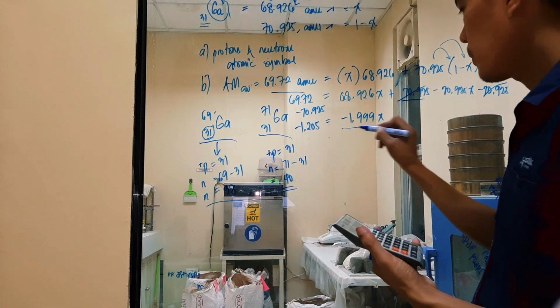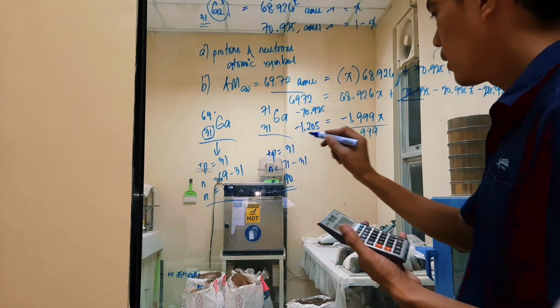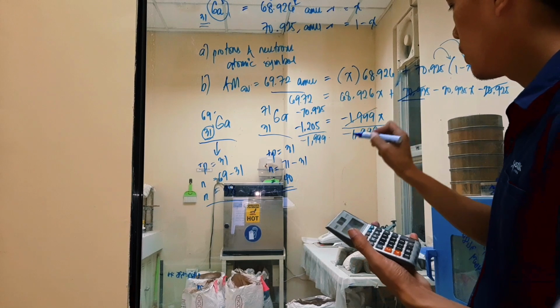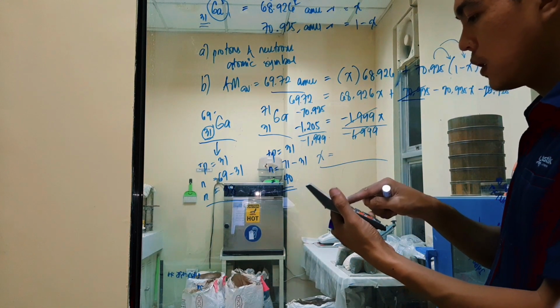Get the value of x by dividing both sides by the coefficient. So x is equal to 1.205 divided by 1.999.